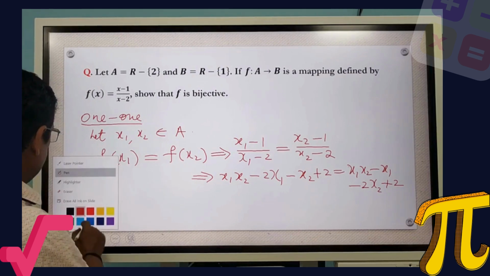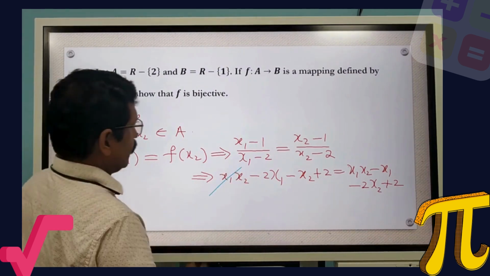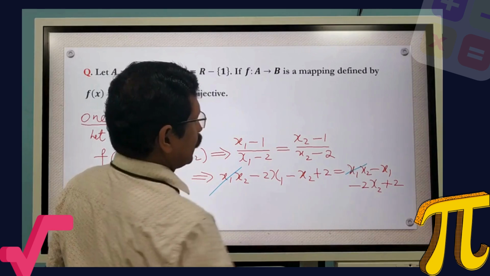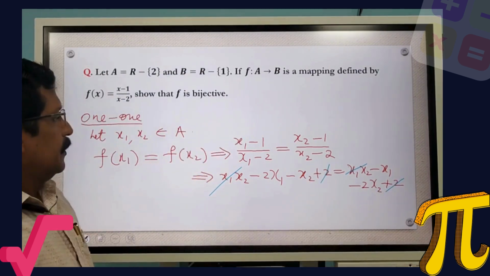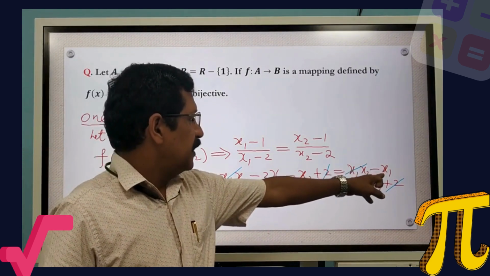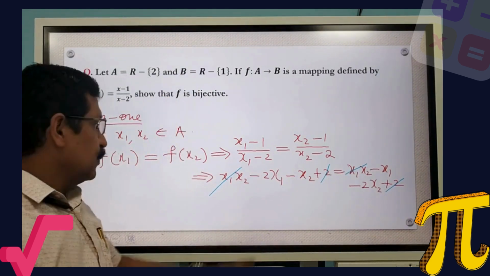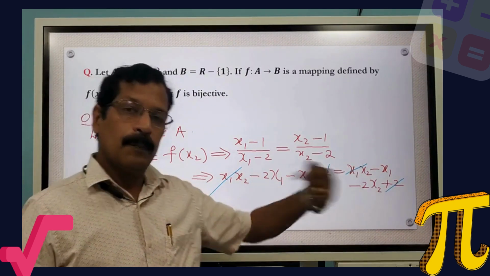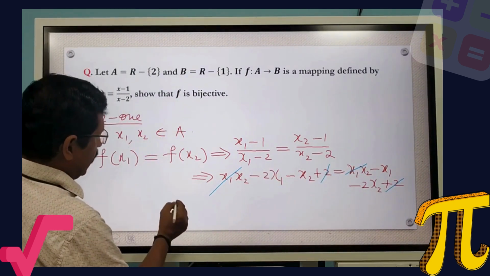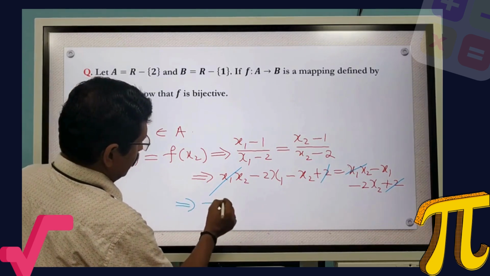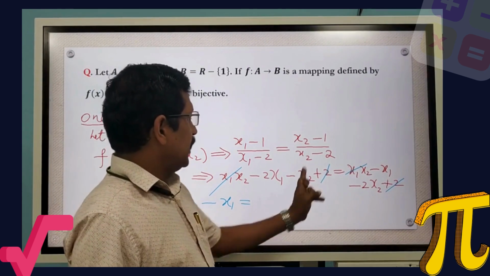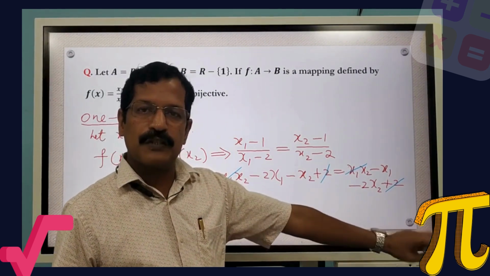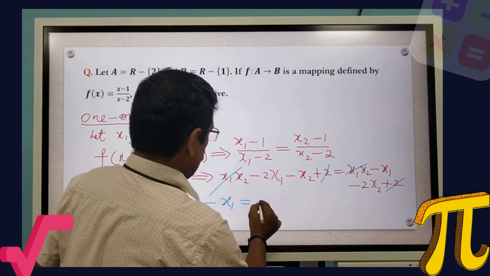Now here, x1x2 and x1x2 get cancelled, plus 2 gets cancelled. Let us bring that minus x1 to the left hand side. So you will get minus 2x1 plus x1, so you will get minus x1. Which implies minus x1 is equal to, let us bring this minus x2 to the right hand side, minus 2x2 plus x2 is minus x2.